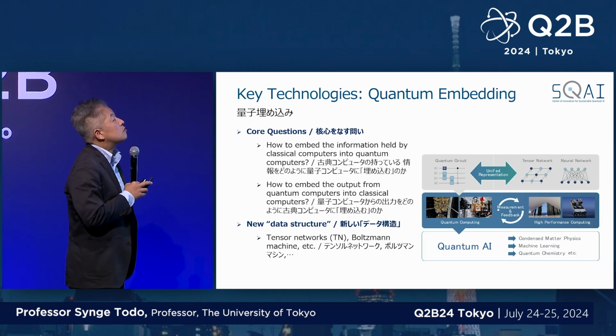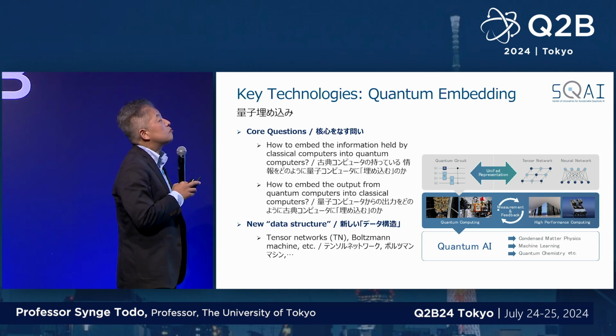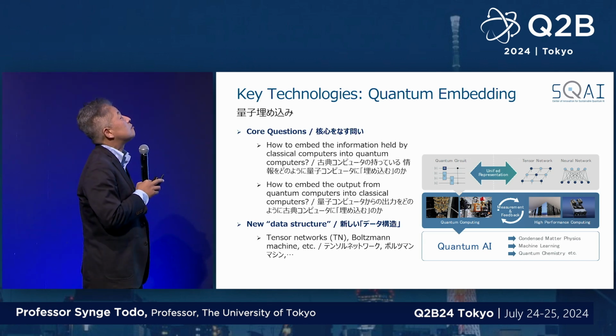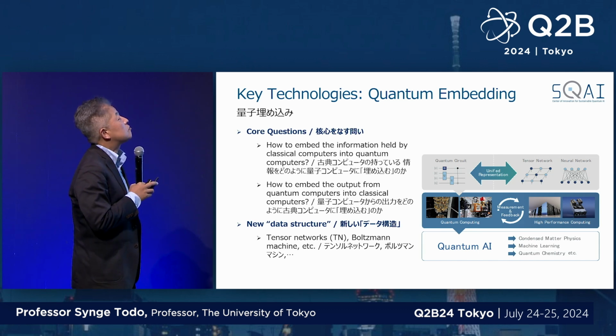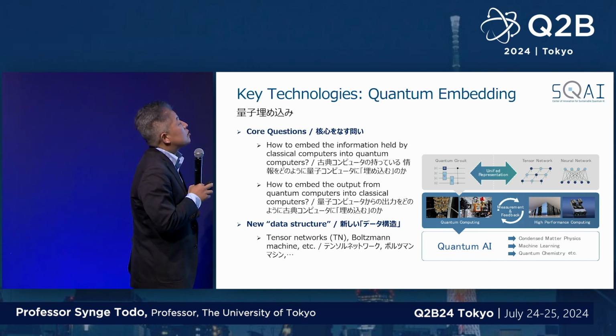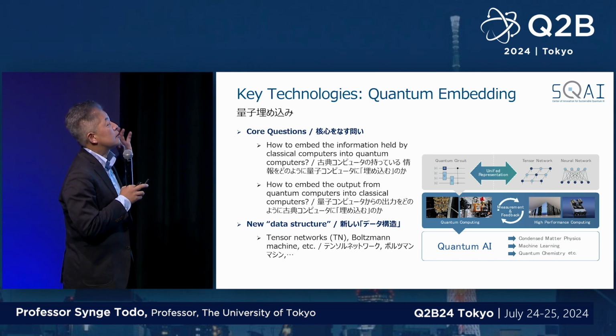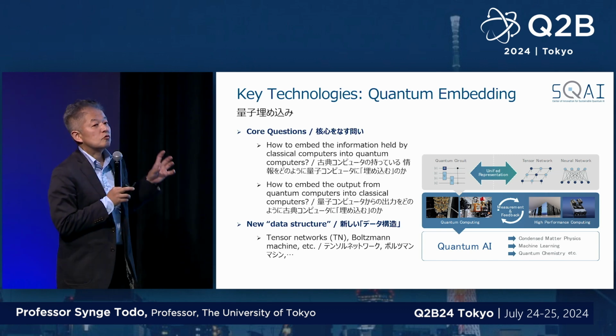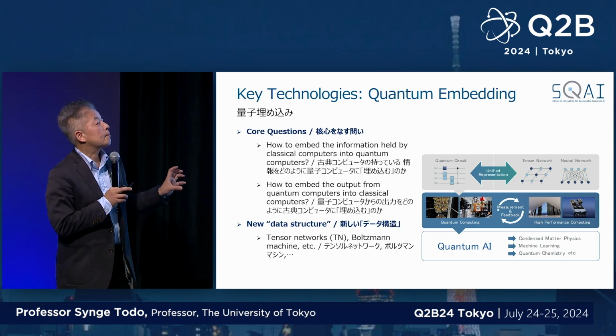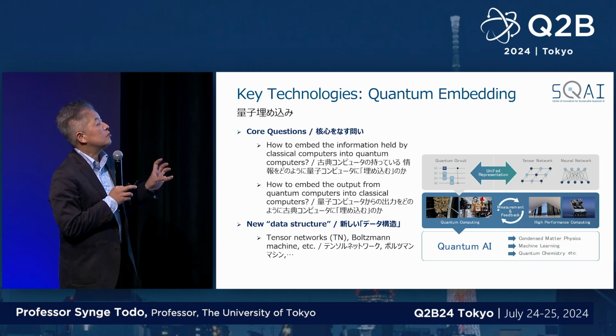So, to realize this quantum HPC hybrid environment, the core questions that we need to ask would be, first of all, classical computers can generate a lot of information. They can process a huge amount of information. How can we embed that information into quantum computers?